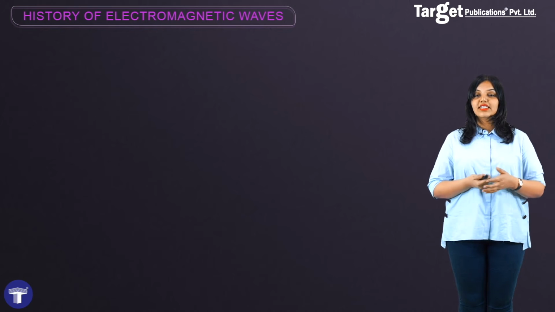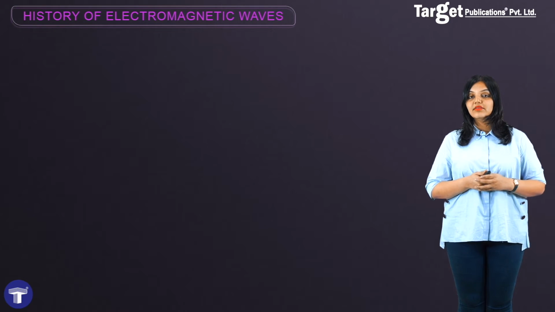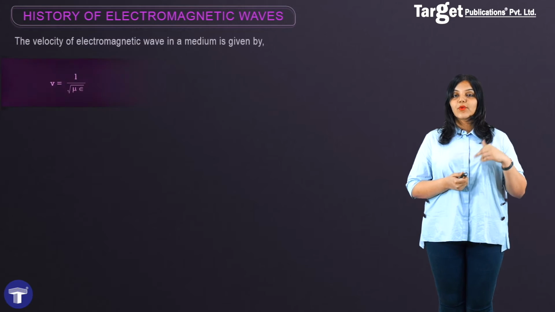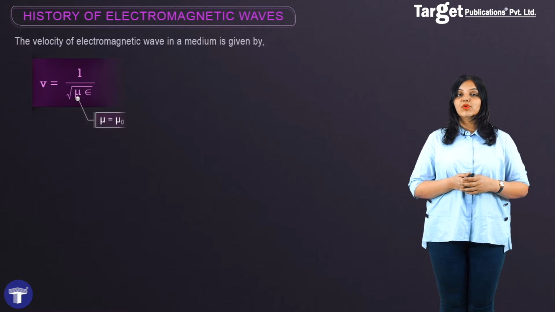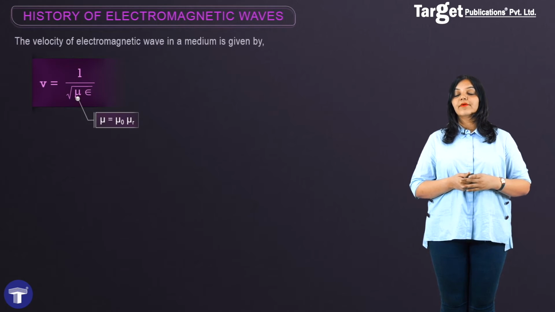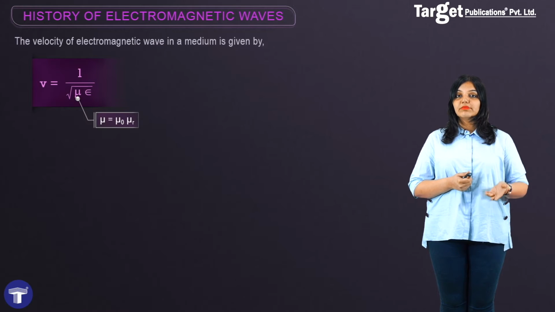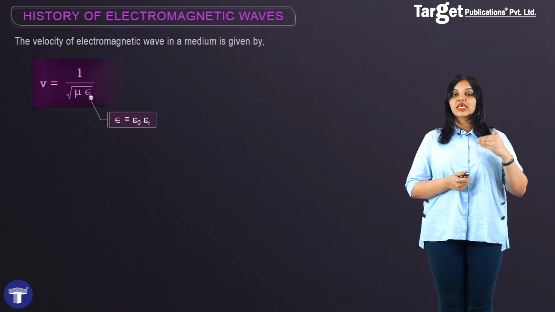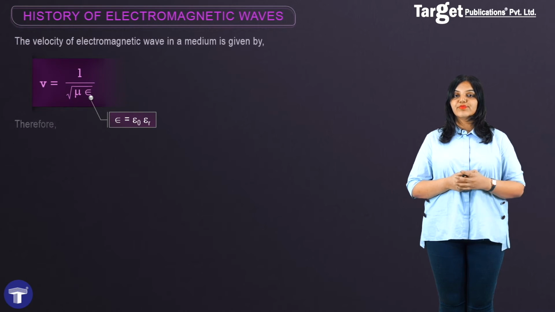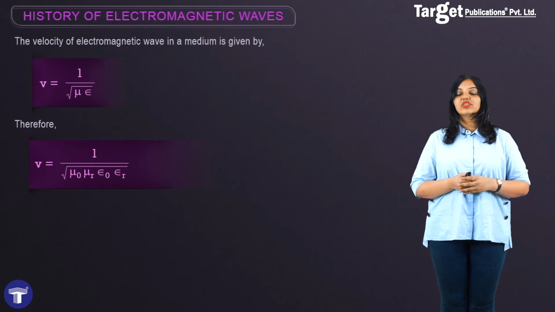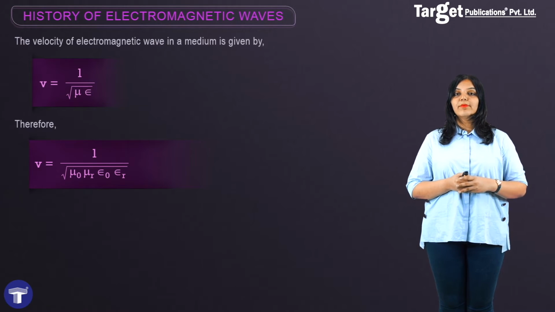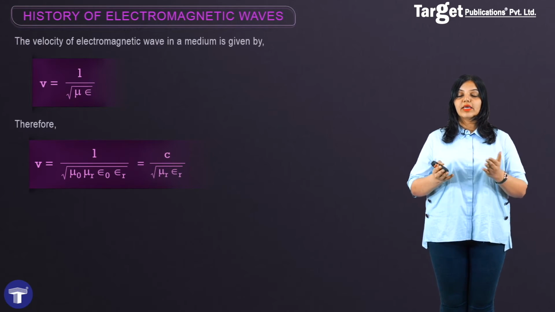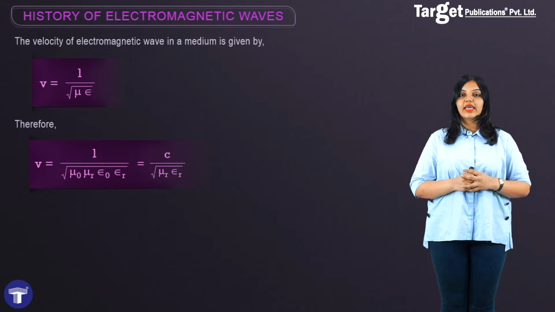And if these electromagnetic waves are in a material medium, that is, they are not in space, then this equation will change to 1/√(με), where μ is nothing but μ₀μr, that is, the permeability of the medium given by μ₀ into relative permeability, and ε is ε₀ into εr, which is permittivity of free space into the relative permittivity. Therefore the new equation is v = 1/√(μ₀μrε₀εr), and therefore I can write v = c/√(μrεr).